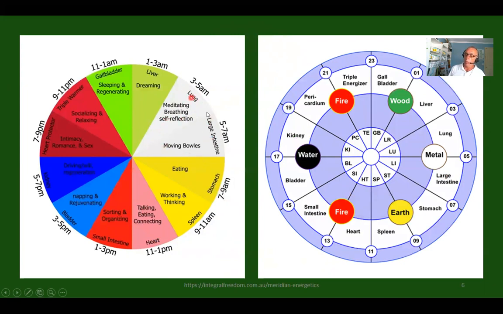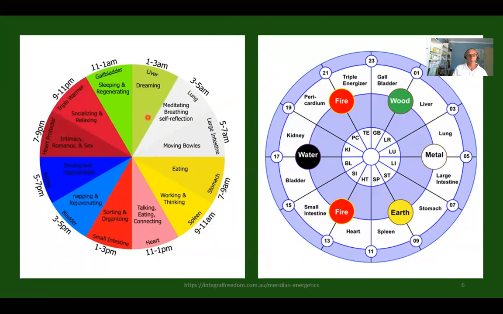So the metal element being the white here, the earth element, the stomach and spleen being the yellow, moving into the fire element. So there's the yang and the yin meridians related to their element that are connected together in the 12 meridian clock.